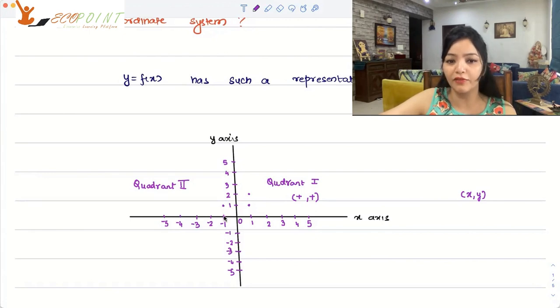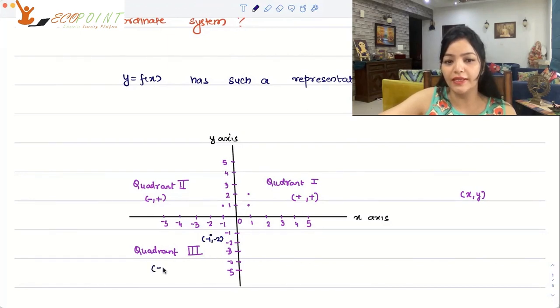So the points that I will find here would contain negative numbers on the x-axis, but positive numbers on the y-axis, right? Quadrant 3 consists of numbers where, if you notice, you have negative y's and negative x's. So we will get negative x and negative y.